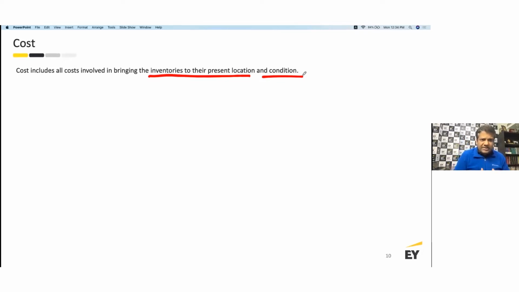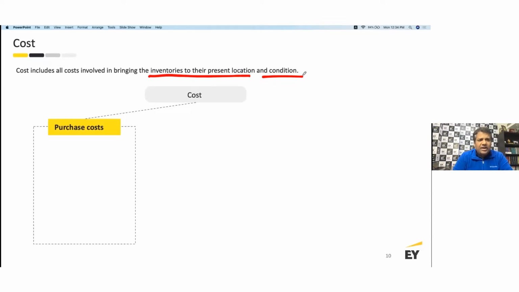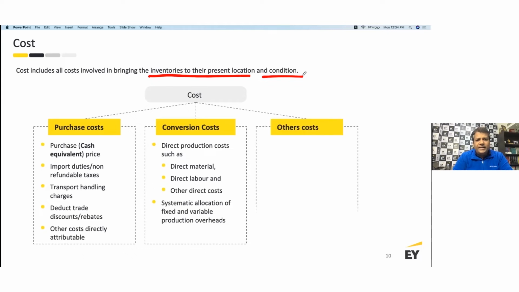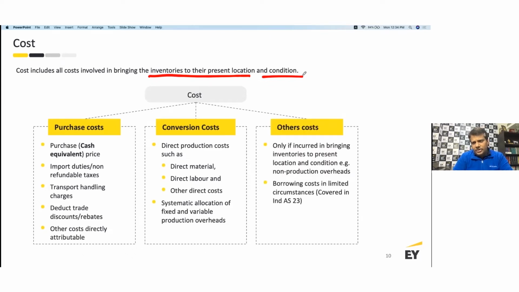Similarly for inventories. Cost could be in various buckets: purchase cost, cost of conversion, and other costs.